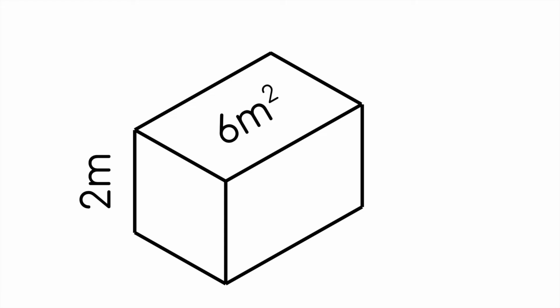How do we find the volume of the rectangular prism? Well, what we have to do here is just multiply the 2 in the 2 meters by the 6 in the 6 meters squared to get 12. Then we multiply the meters by the meters squared to get meters cubed, so that it becomes 12 meters cubed.